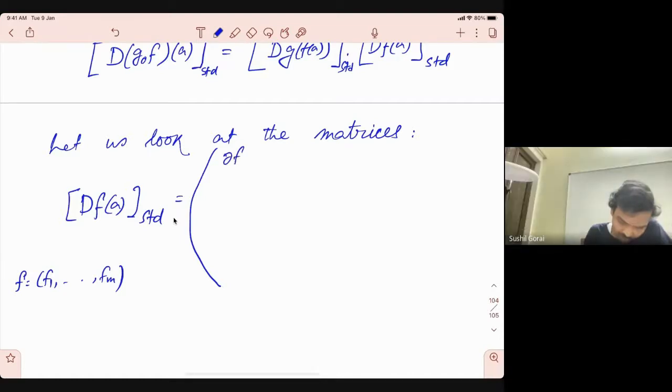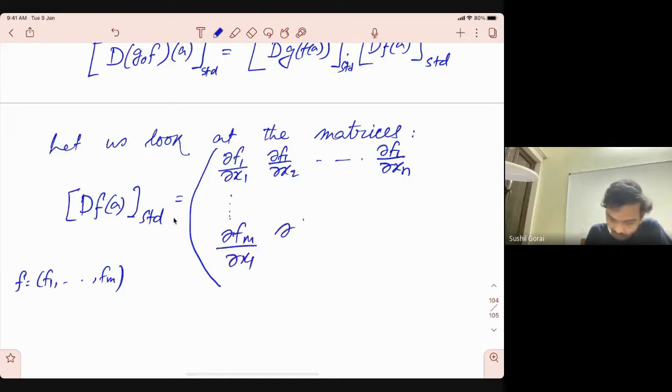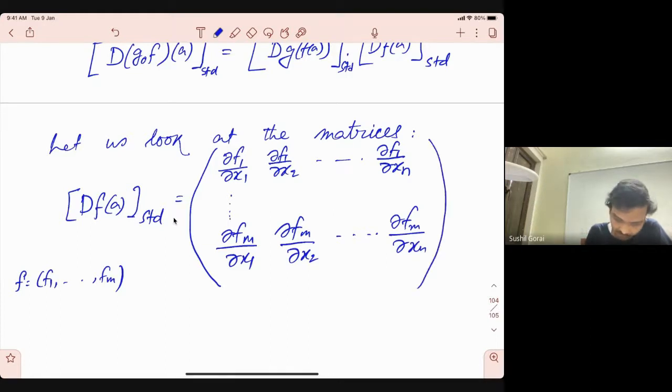Right. So let me write it precisely. Del F1 by del X1, del F1 by del X2, and so on, del F1 by del Xn. Del Fm by del X1, del Fm by del X2, del Fm by del Xn, everything evaluated at a.